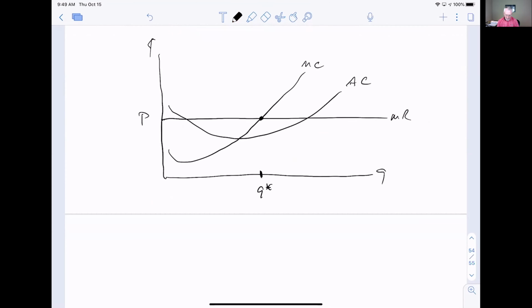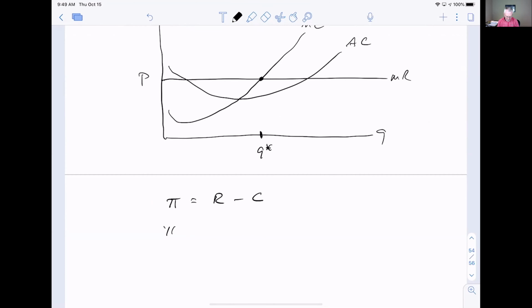Now, is the firm making positive profits? Well, let's look at this. Profit, we said, is equal to, in this particular case, revenues minus costs. So if I were to look at average profits, it would be R over Q, which would be average revenue, minus C over Q, which is average cost.